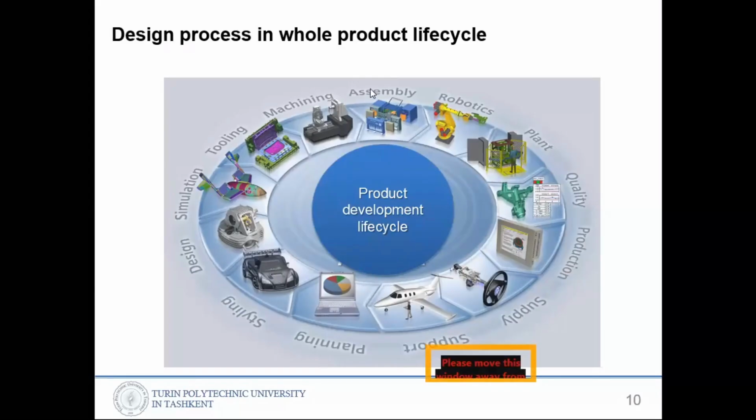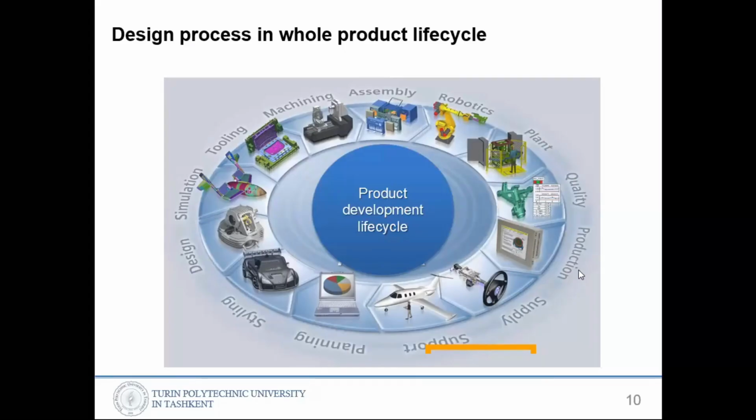So why am I showing this to you? You're going to be engineers, so that's why I'm showing the stages of product development. Soon, after 4 years, you will go into some area of these stages. For example, some of you might be mechanical engineers going to mechanical design, or mechanical design engineers might work with robotics or plant design.